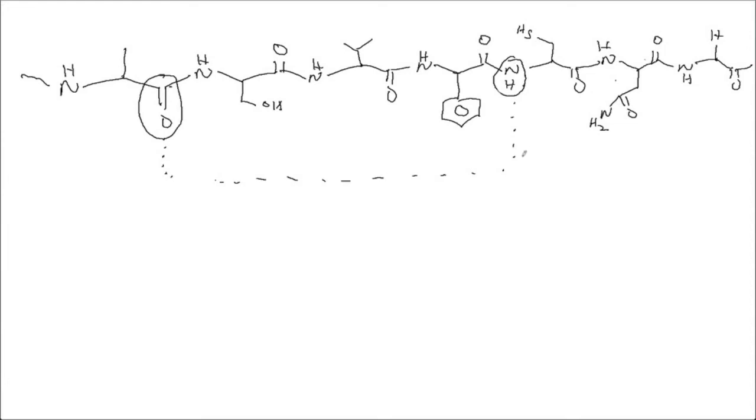The hydrogen and the oxygen. Which two atoms would form the hydrogen bond? The oxygen and the hydrogen. And why can they form hydrogen bonds? Because of their delta negative and delta positive charges. So what would this group be, the hydrogen bond donor or the hydrogen bond acceptor? Donor.